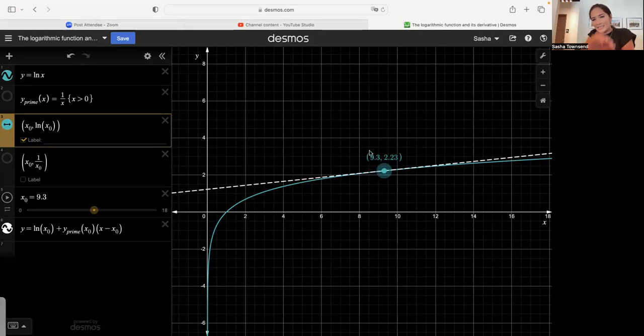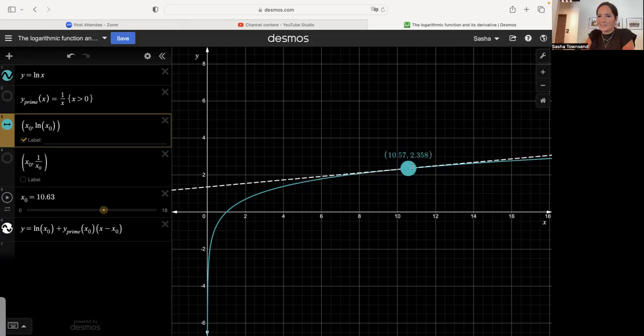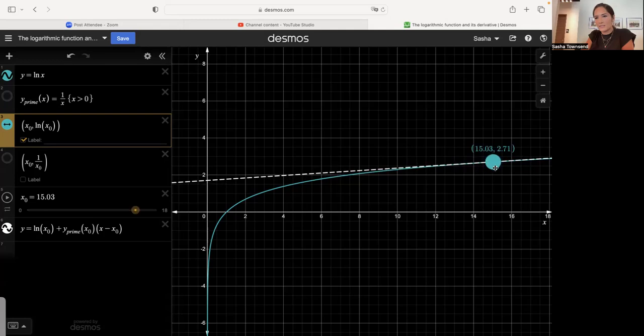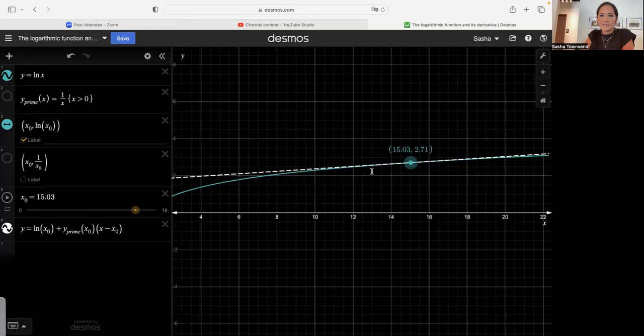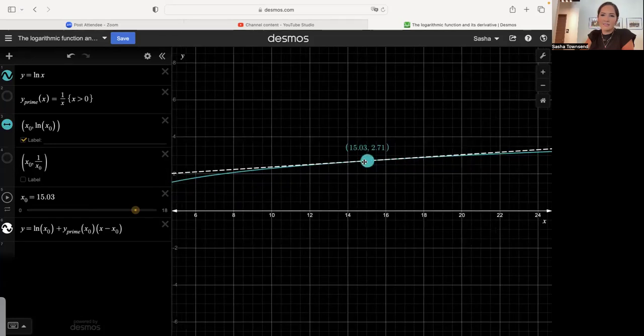So you can see that's not horizontal, obviously, but it's not very steep. And as x increases, that line just gets less steep. Like here, when x equals 15, the slope is 1/15. So it's really starting to flatten out, but it's still increasing the whole time.